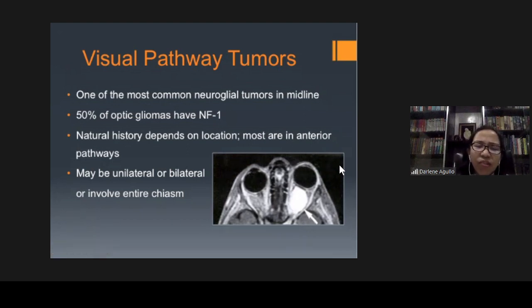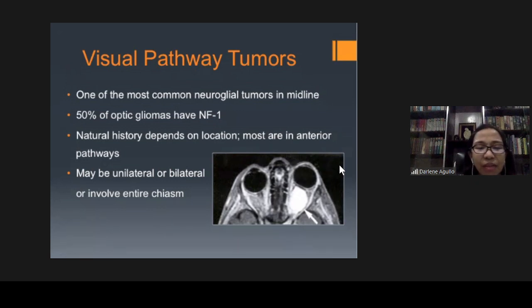The association of optic nerve glioma and neurofibromatosis 1 is well established. So 50% of patients with optic gliomas have NF1, mandating search of our skin lesions, our cutaneous signs found in NF1.